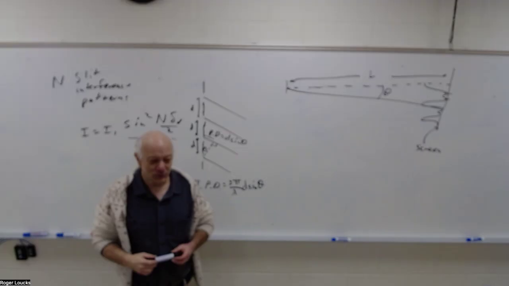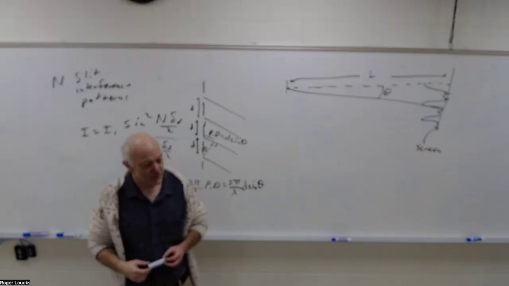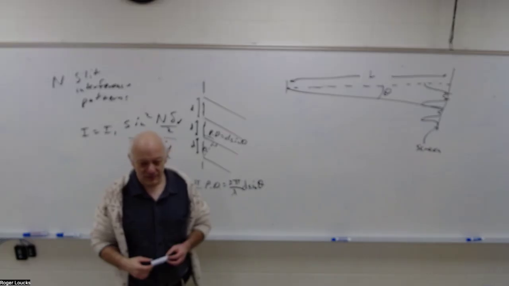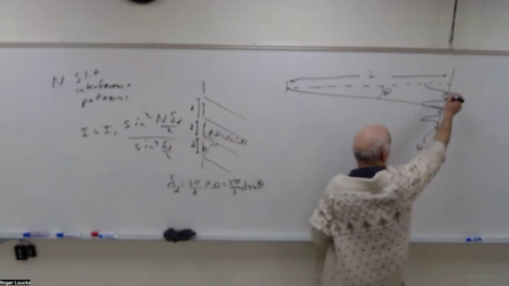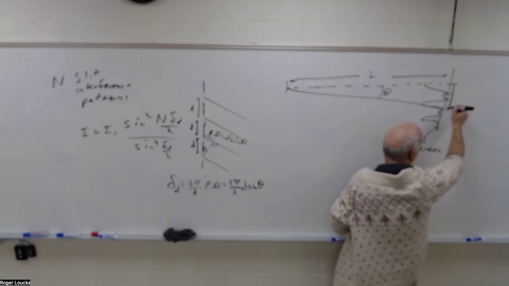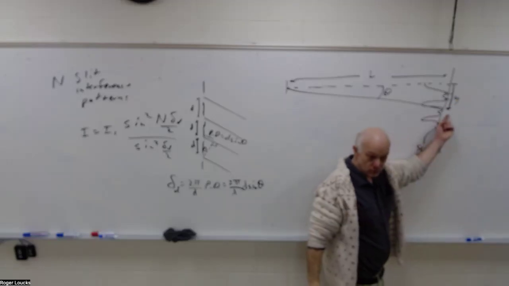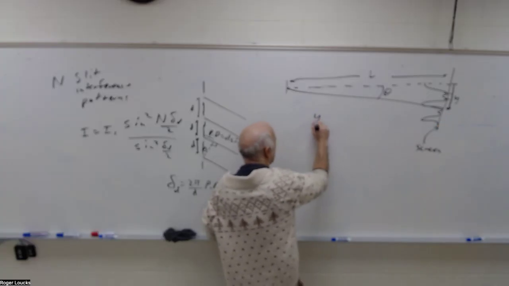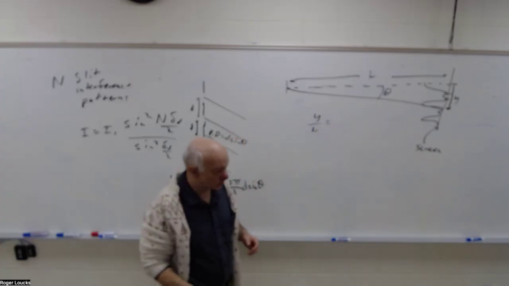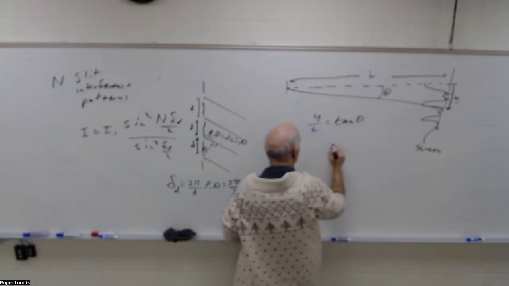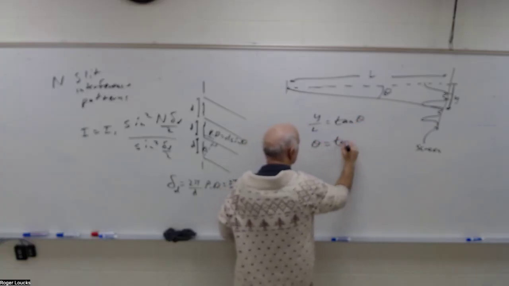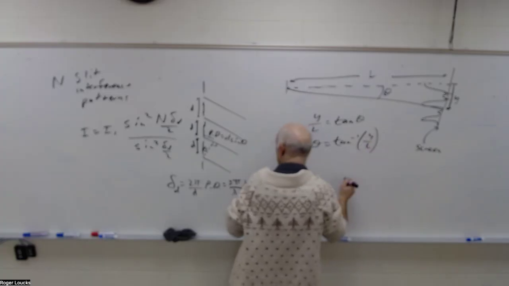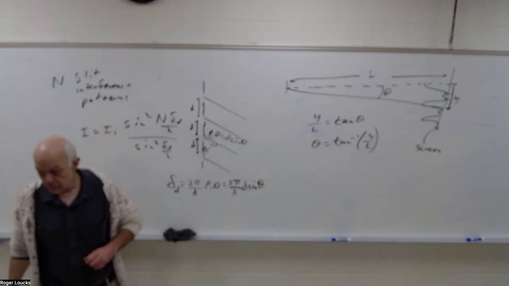You measure the center to wherever point you want to measure, so y is wherever you want to measure along the screen, and y is your distance on the screen. This is your L. So what do you know about y over L? That's your tangent theta. So your theta would be the inverse tangent of y over L, and then you could put that theta in to get your delta D.